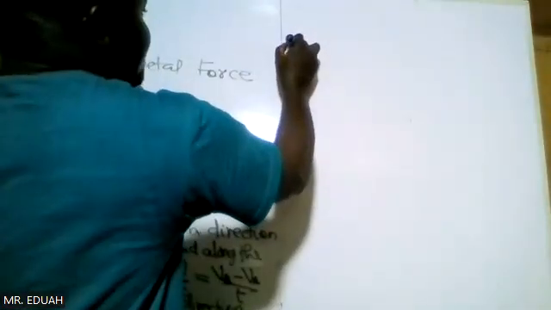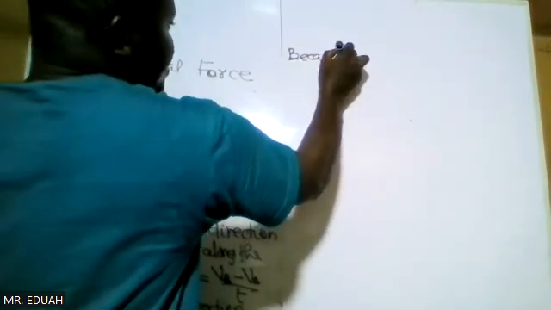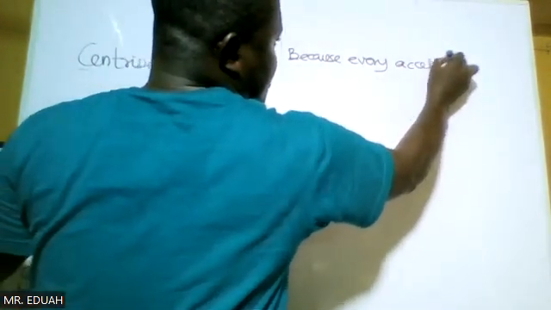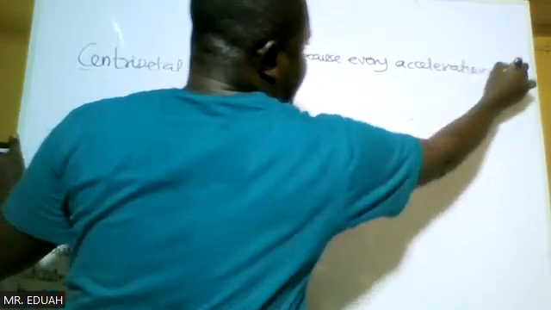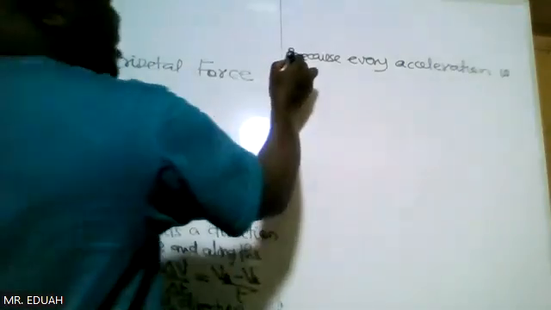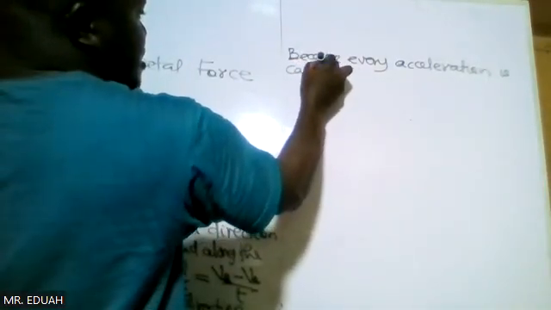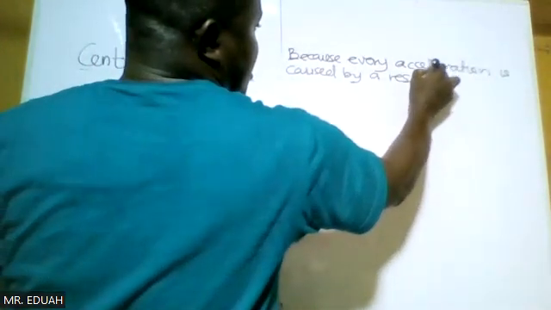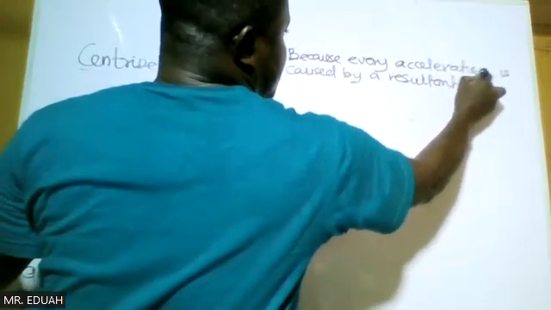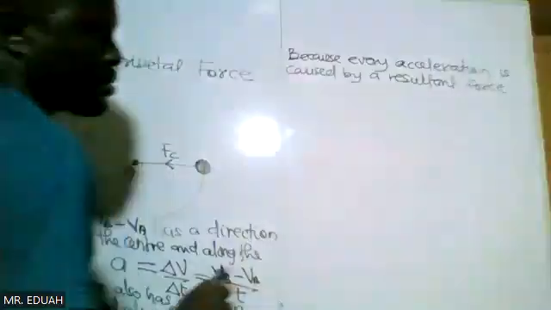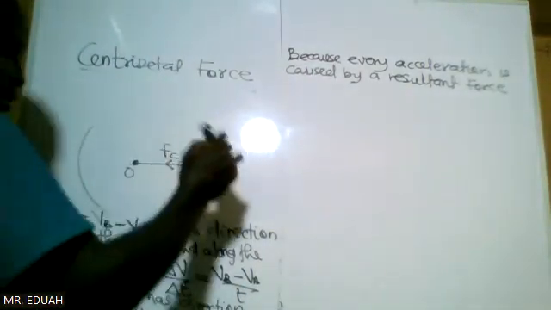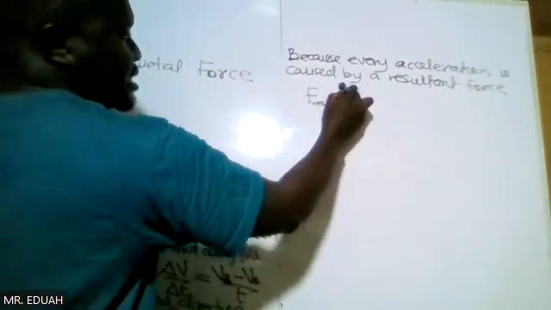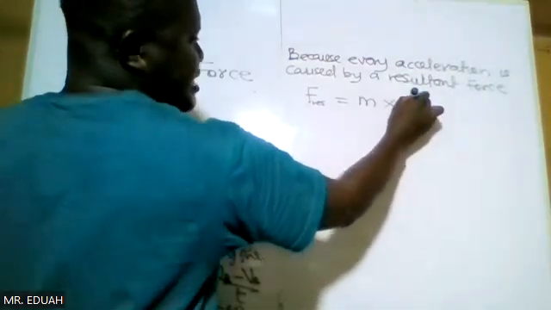Because every acceleration is caused by a resultant force, from Newton's second law, F resultant is equal to mass times acceleration.